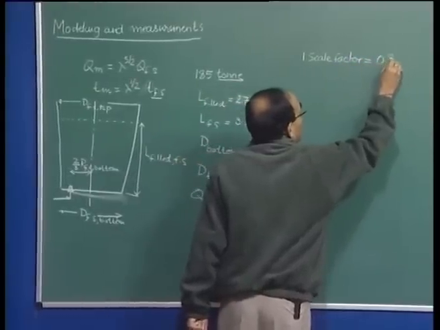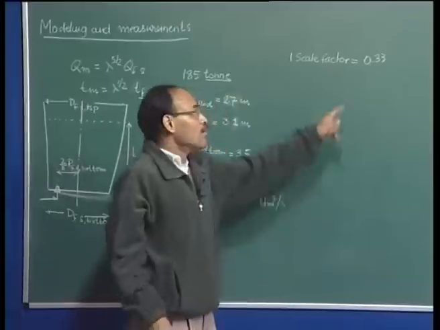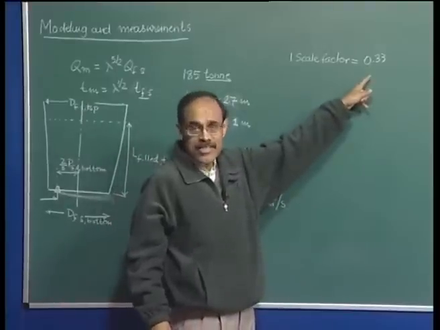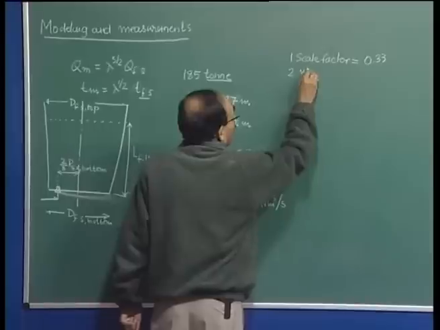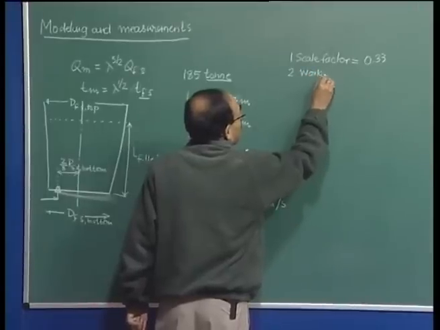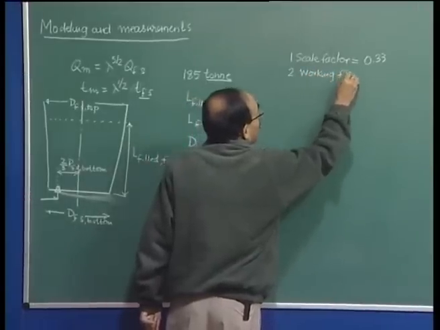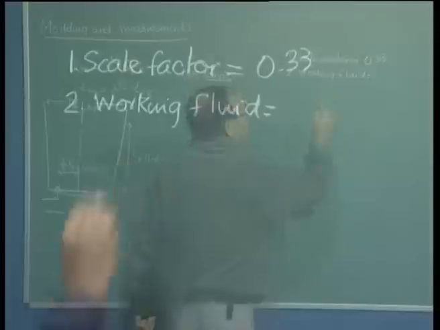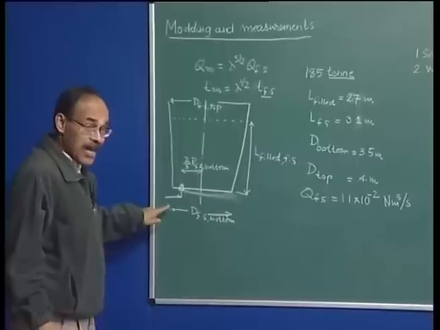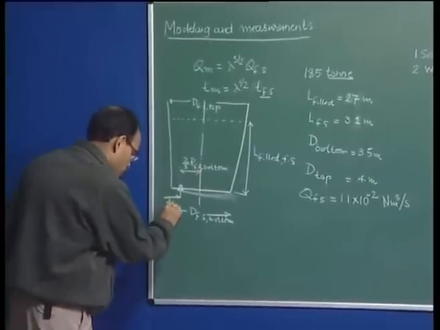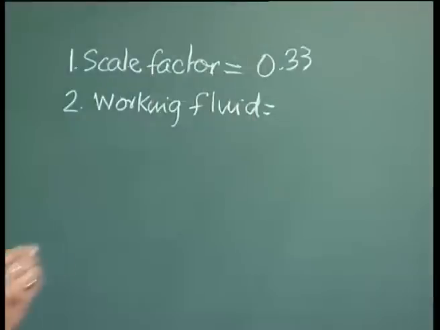This is a fairly representative value of the scale factor that researchers use in laboratories. And number 2, I make a decision about the working fluid. While the steel system has molten steel and argon here, I consider an air water system.